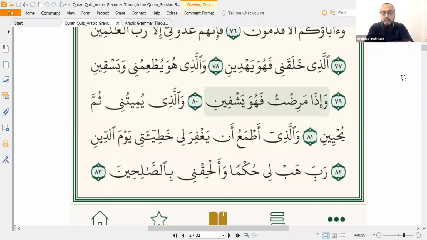So we have here maridtu. What's that? Perfect verb, good. It's of the form fahima, isn't it? So if I say marida, he became ill, what would the imperfect be? Would it be yamradu, yamridu, yamrudu? Yamradu.